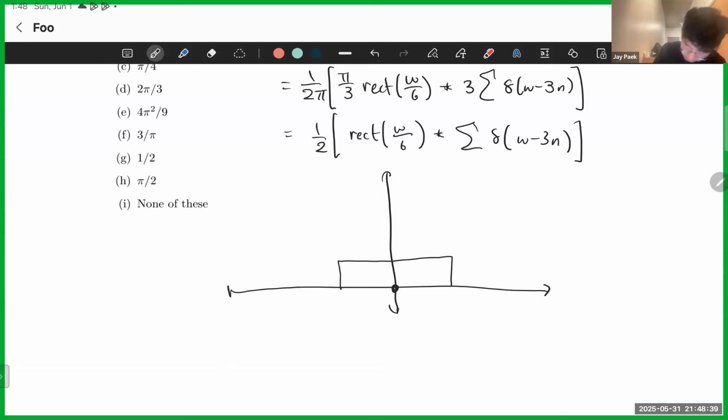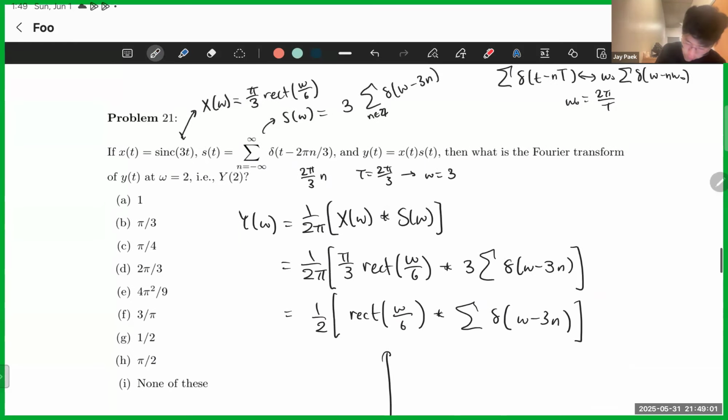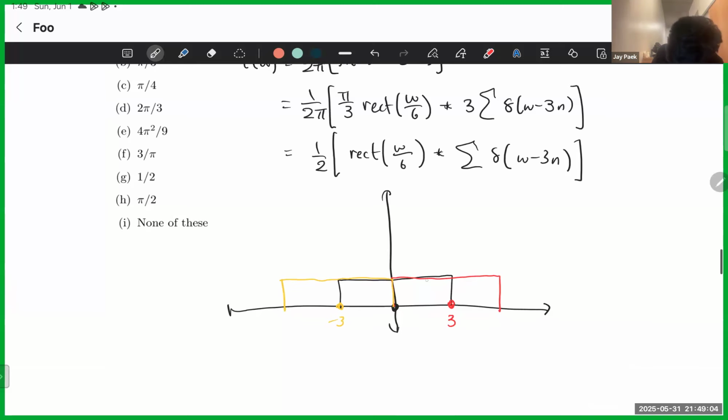That's one anchored at 0. That's one anchored at 3. Do another hot color. Anchored at negative 3, and so on and so forth. And we realize that at 2, it's a sum of 2 rect functions.